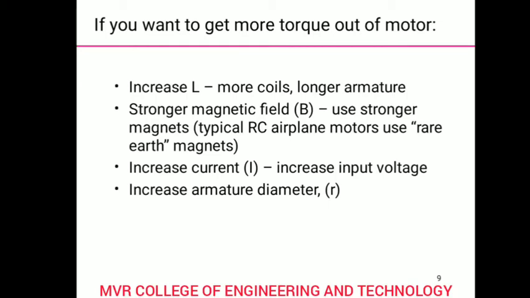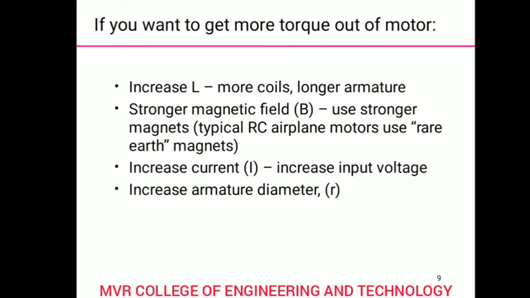Here you can see you increase L, with more coils, a longer armature and a stronger magnetic field B, using strong magnets, meaning rare earth magnets. These will give more magnetic field. These rare earth magnets are made up of NdFeB, samarium, cobalt, nickel, aluminum, like that.